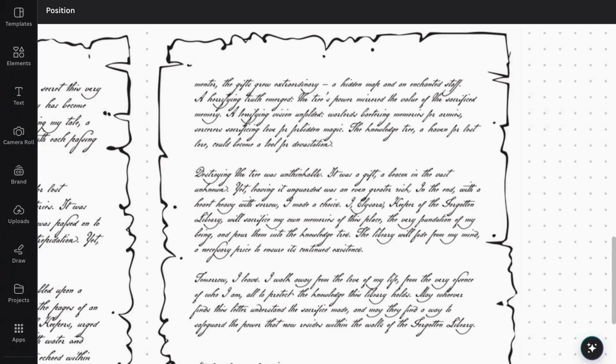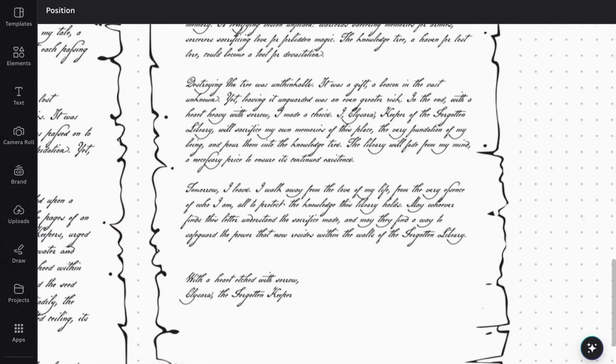The tree's power mirrored the value of the sacrificed memory. A terrifying vision unfolded. Warlords bartering memories for armies, sorcerers sacrificing love for forbidden magic. The knowledge tree, a haven for lost lore, could become a tool for devastation. Destroying the tree was unthinkable. It was a gift, a beacon in the vast unknown. Yet, leaving it unguarded was an even greater risk.